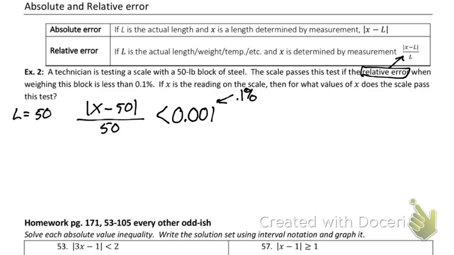That's 0.1%. Now, we'll multiply both sides by 50 to get the absolute value bars by themselves. So the absolute value of x minus 50 is less than 0.050, or just 0.05.